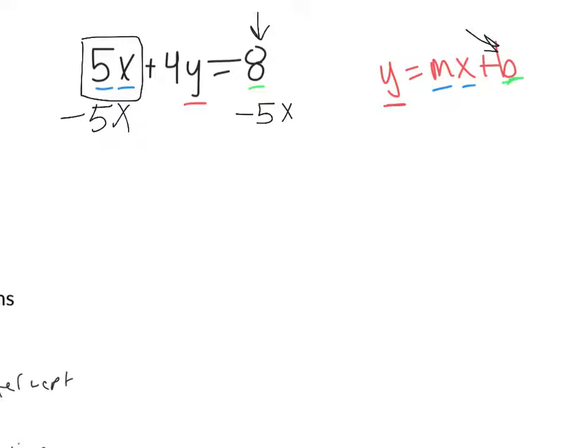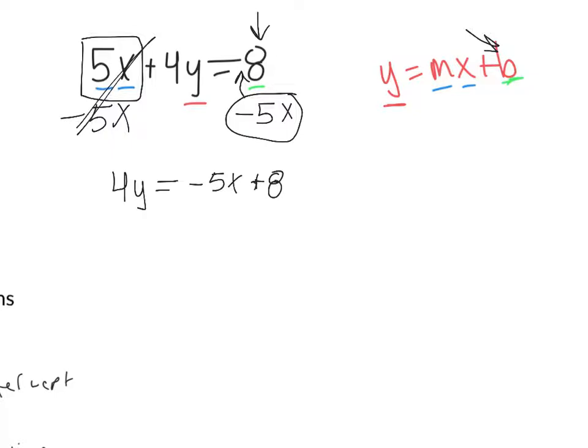So I like to take this minus 5x and just slip it in right here in front of the 8. And since this is a positive 8, I'm going to say negative 5x plus 8 instead of saying 8 minus negative 5x. So this cancels off right here, and I'm left with 4y on the left side, and that's equal to, like I said, I'm going to slip in this negative 5x, and then since we had a positive 8, we're going to write plus 8.